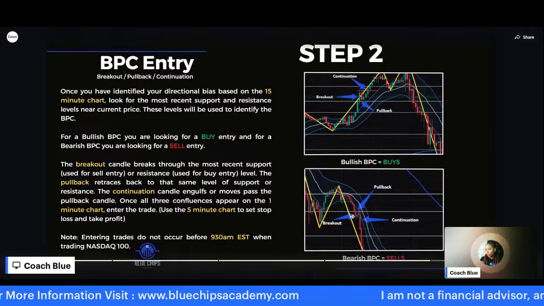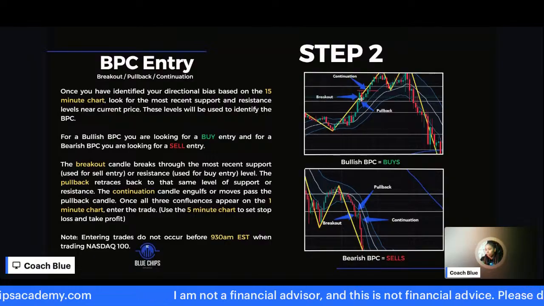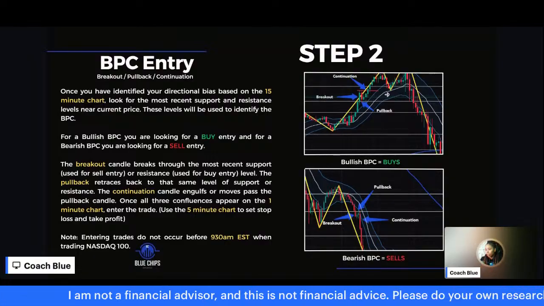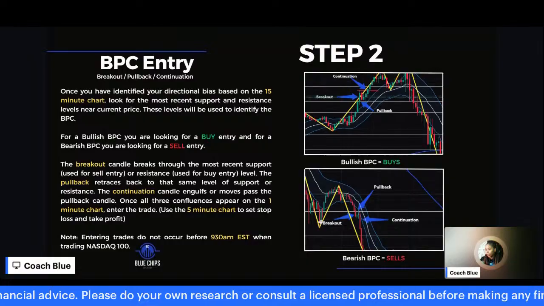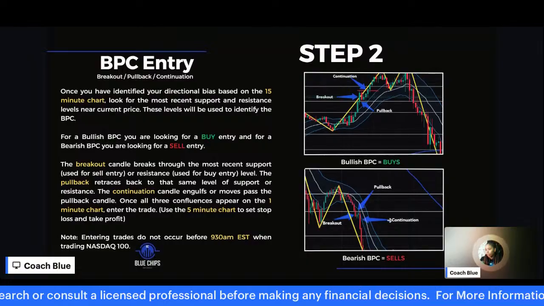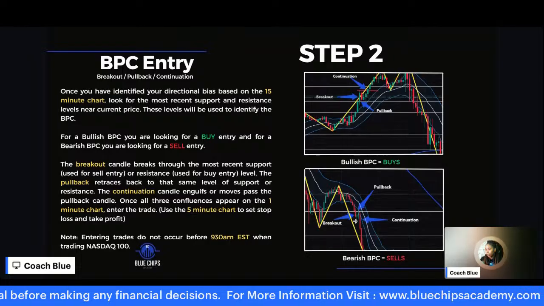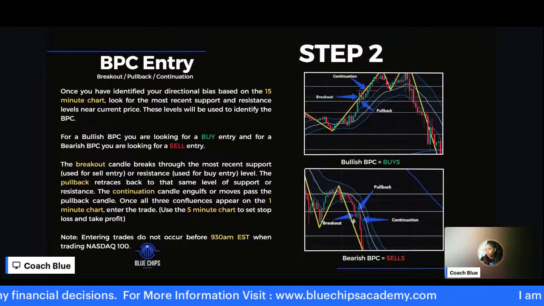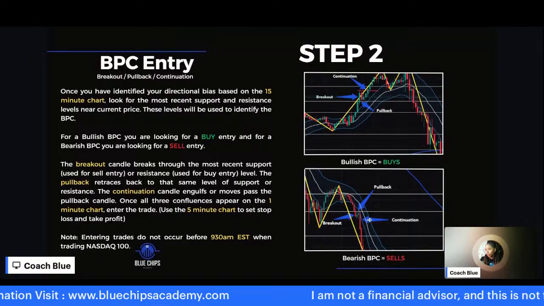So breakout, pullback, continuation. And we want to enter on the continuation move. Once we get a check, we can check off the breakout, we can check off the pullback. Now we're just waiting for that last confirmation, which is our continuation. Our continuation must close in a bearish BPC beneath our pullback level.